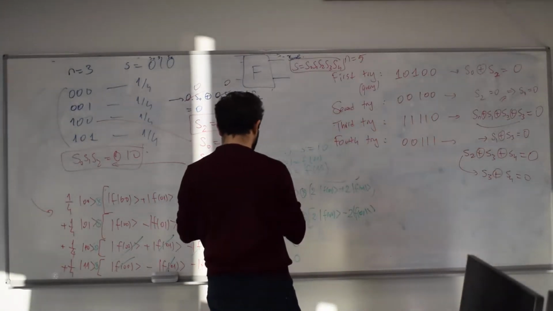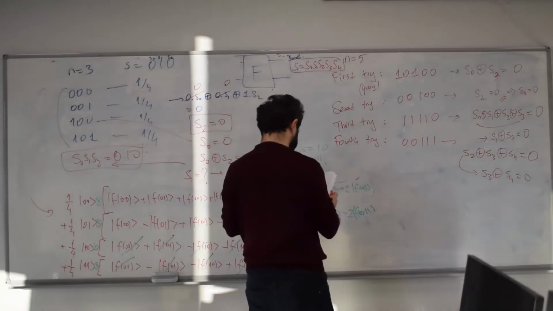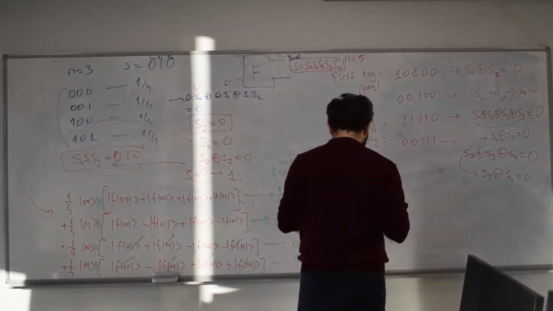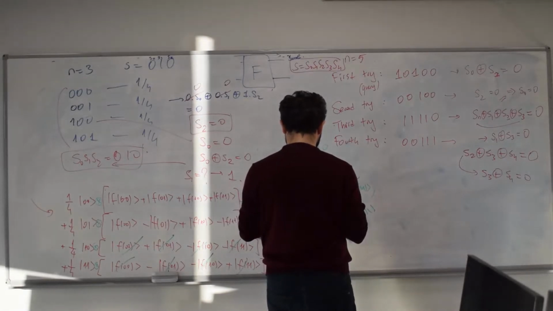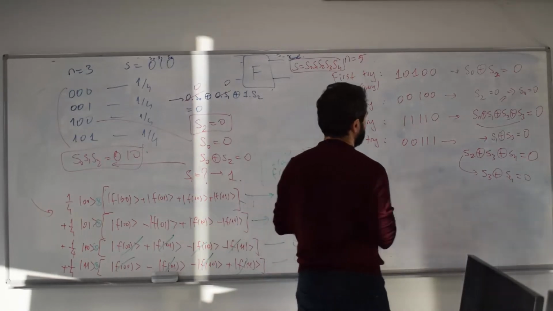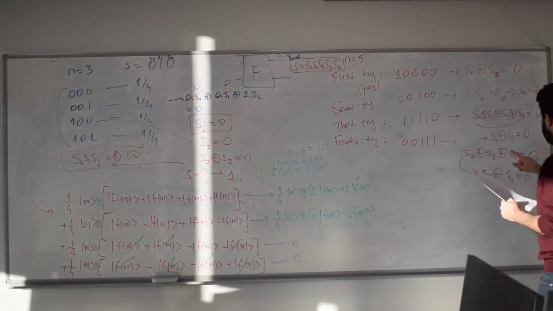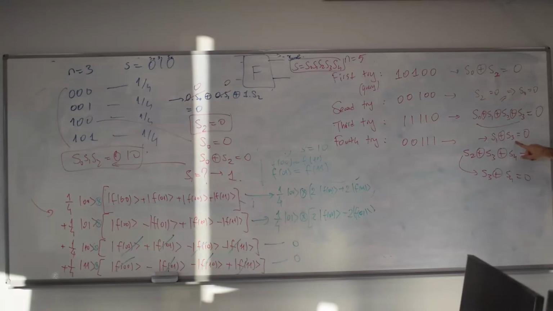I need an extra try. Okay? So therefore, I'm going to make another run. Oops, let me just see. I have S1 and S3, right? But do I know S1 is 0?